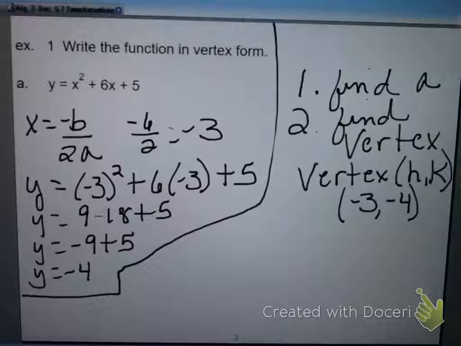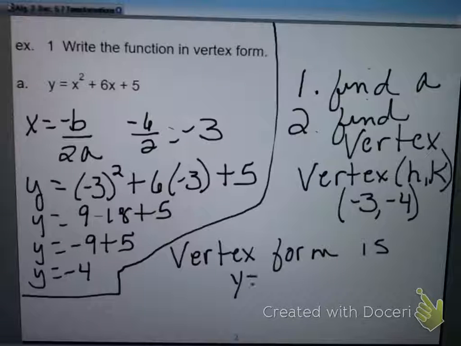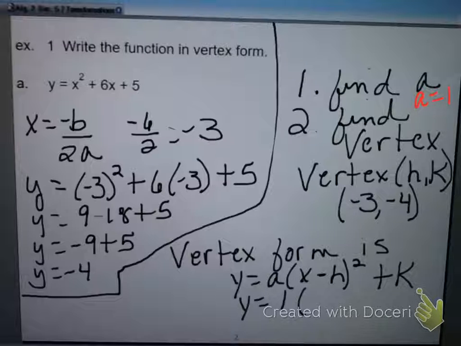Now we're going to plug it into the vertex form. Again, write the vertex form formula down. So the a is 1, so we're going to plug in 1 for a. x minus h. Now look at that formula. That minus means it's the opposite.